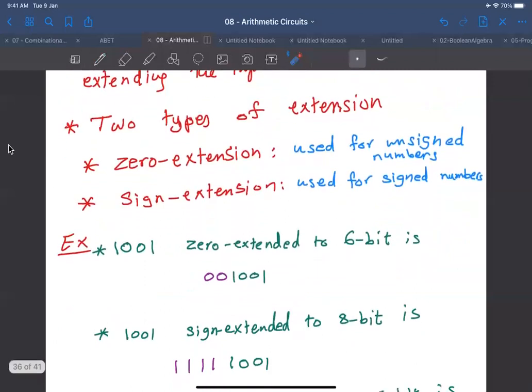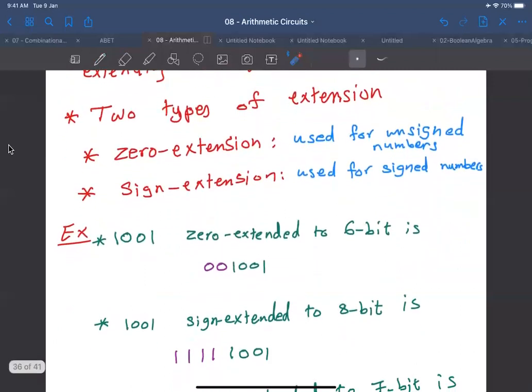If the number on the other hand is signed and you'd like to sign extend it to 8-bit, then all you have to do is replicate the sign bit. If the sign bit is 1, you replicate four ones. If the sign bit is 0, you replicate four zeros. Why 4? Because we are extending it to 8-bit and the number is 4-bit, so we need 4 more bits.